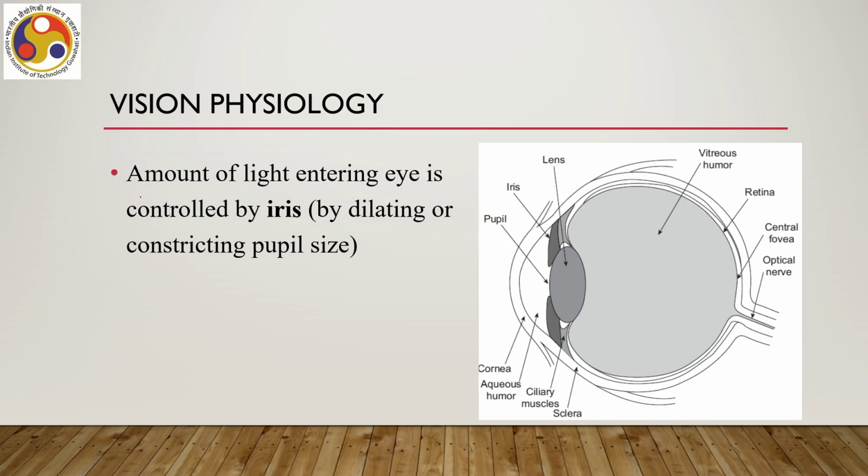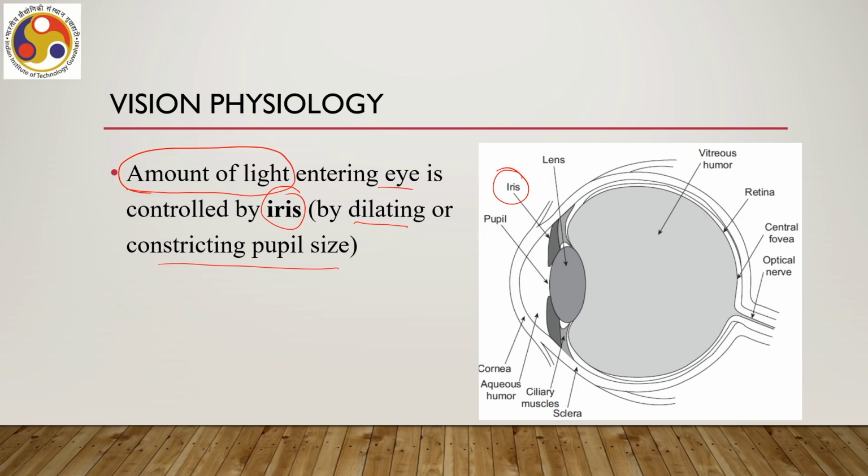The amount of light that is entering the eye is controlled by the iris, that is by dilating or constricting the pupil size. So, pupil size can be changed, and the iris determines the change.